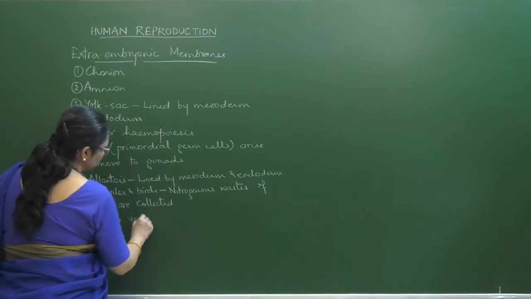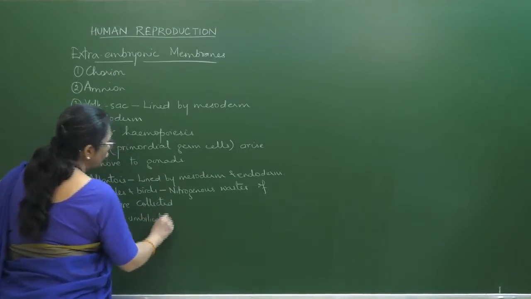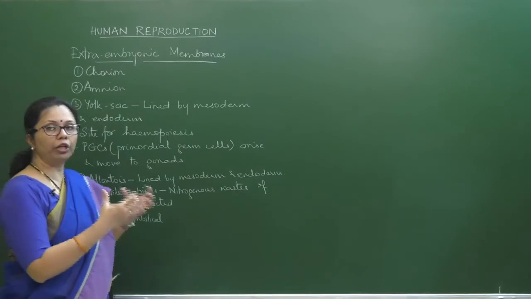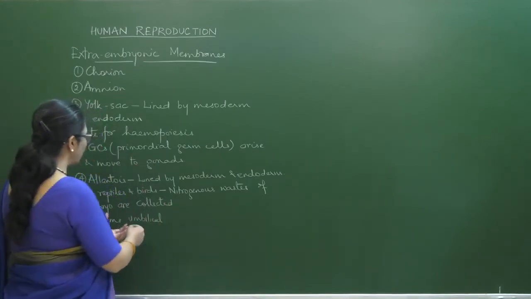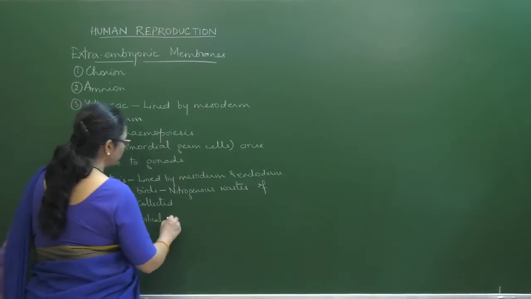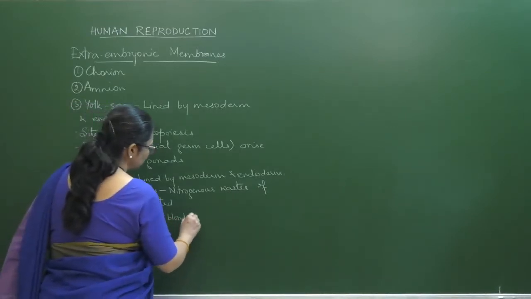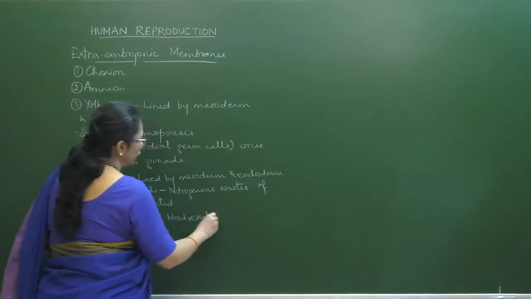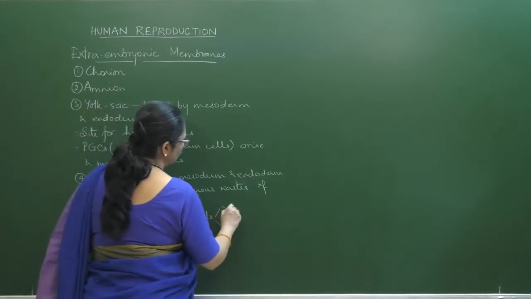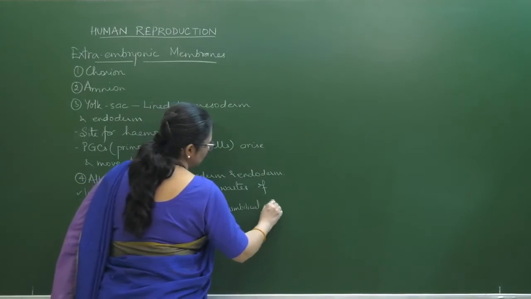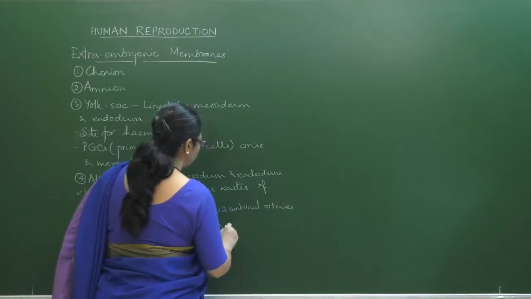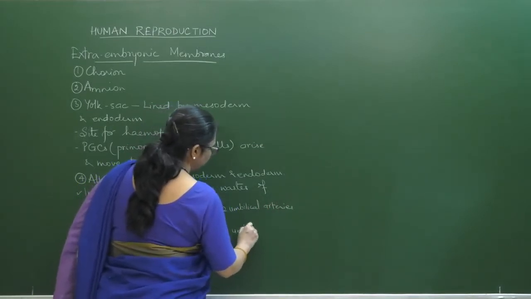Umbilical blood vessels. Okay, so the umbilical cord is going to be formed, and that umbilical cord is going to connect the placenta to the fetus. So it forms the umbilical blood vessels, in which there are two umbilical arteries and one umbilical vein.